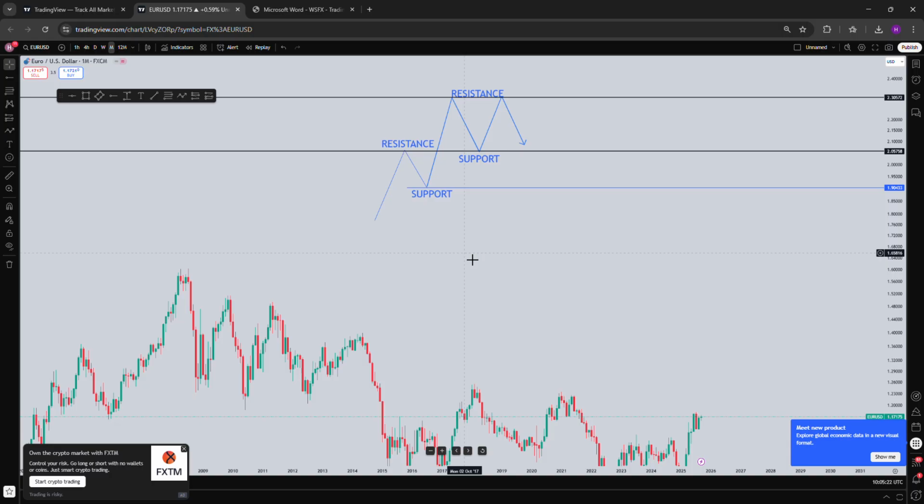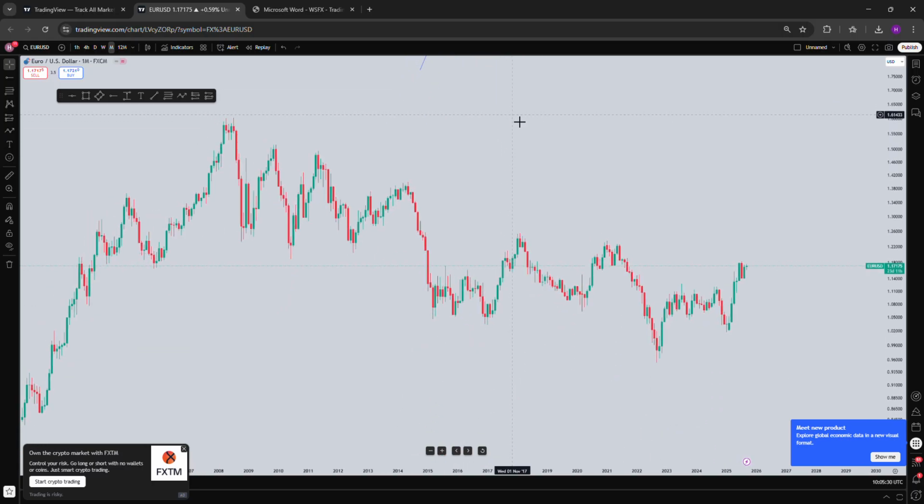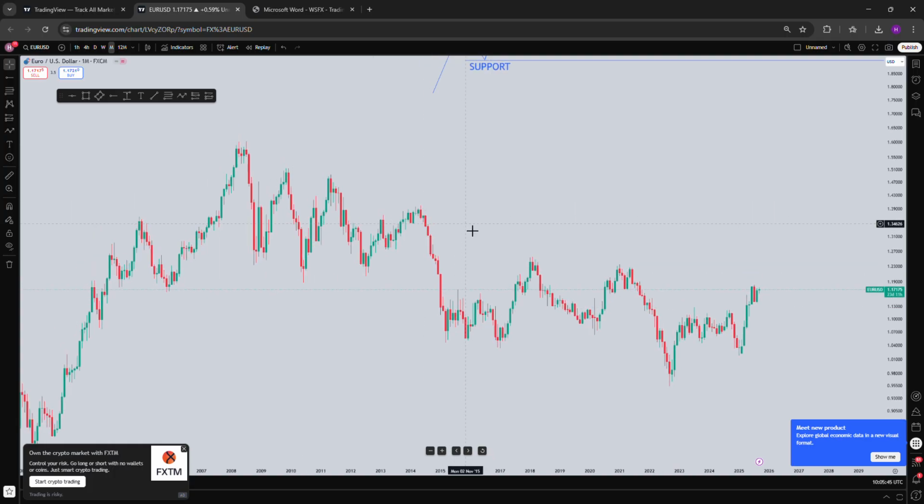So now let's go into the real life example. We are going to be using this currency instrument called Euro USD, as you can see over here. If you are not familiar with what we are using here, we are using a trading platform called TradingView, right? It is a platform used to do analysis.